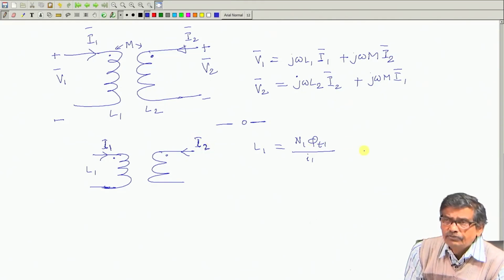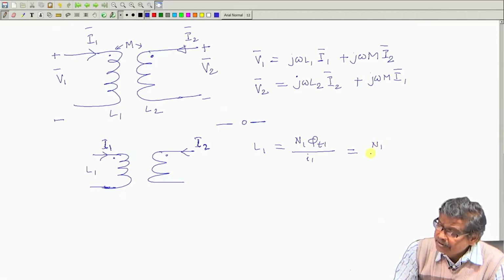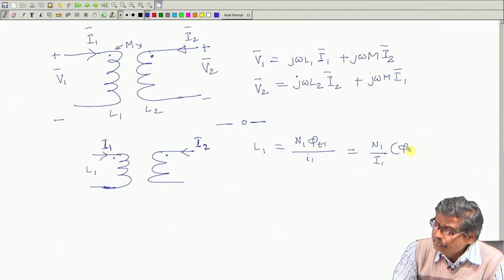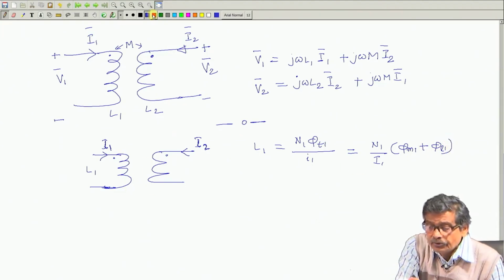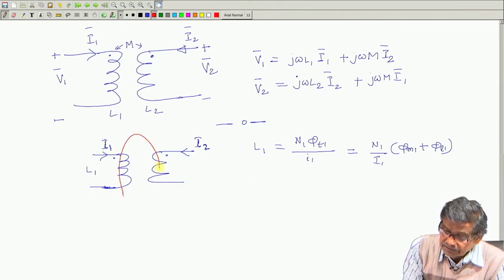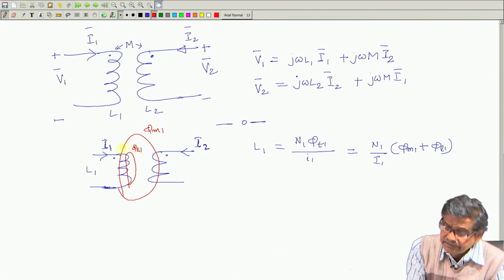So this is the total flux linkage, of which N1 by I1, and I broke it up into two components, mutual flux plus the leakage flux. The leakage flux is not going to link the second coil. This is the mutual flux phi M1, and this is the leakage flux phi L1, which only links the primary.